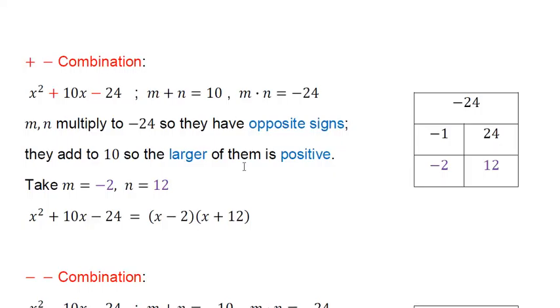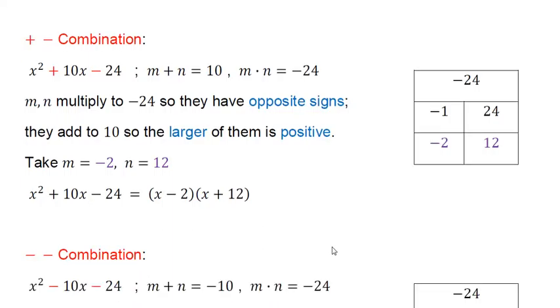So we can take m equals negative 2 and n equals 12, or the other way around, and we get the factorization x squared plus 10x minus 24 as the product of linear factors x minus 2 and x plus 12.